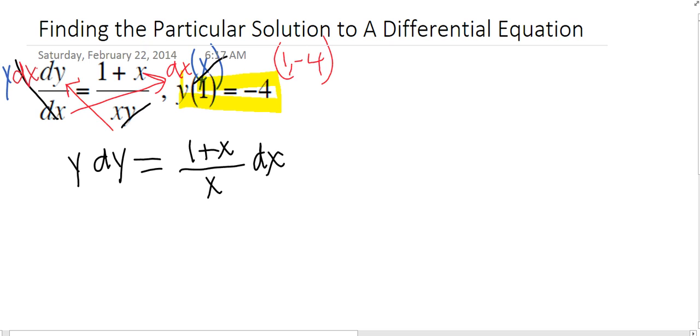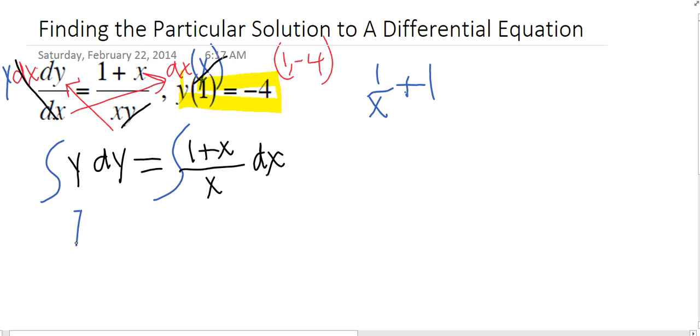So now, before I integrate it, I might want to clean up the right hand side a little bit. I'll just do that by simply rewriting it up here. That's the same thing as 1 over x plus 1. Right? So if I do that, go ahead and integrate the left side.